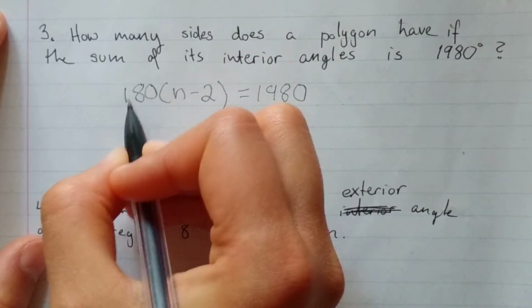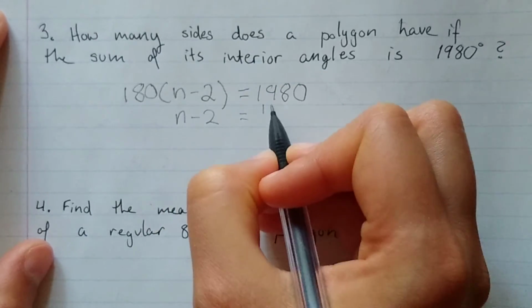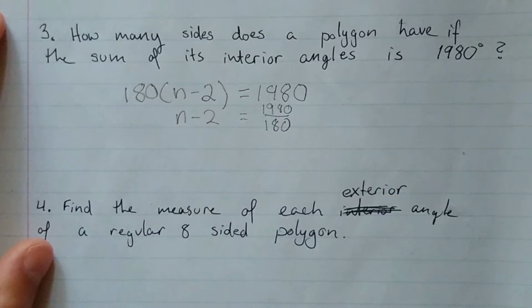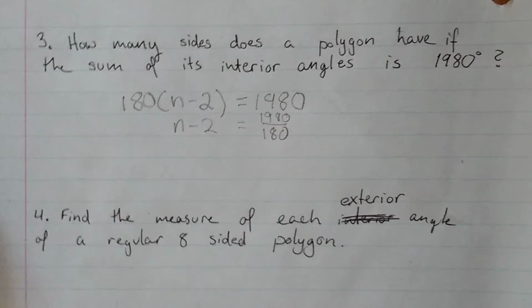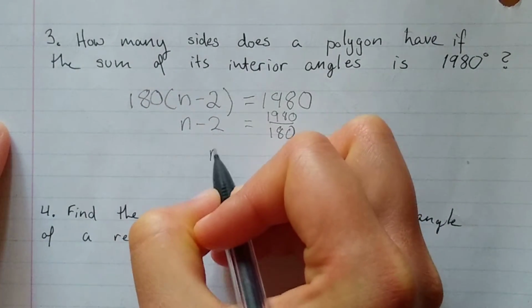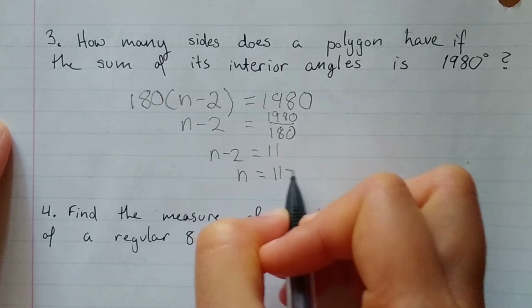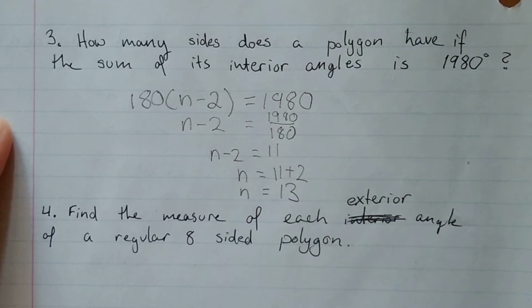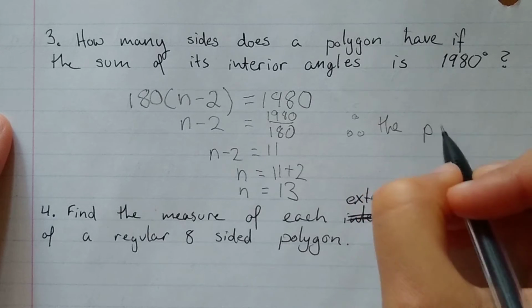So the first thing I'm going to do is take the 180 that's multiplied here and divide it on the other side. So 1980 divided by 180 is 11. So you'll get n minus 2 equals 11. And then the minus 2 you can add to the other side, and you'll get n equals 13. So this means, therefore, the polygon has 13 sides.